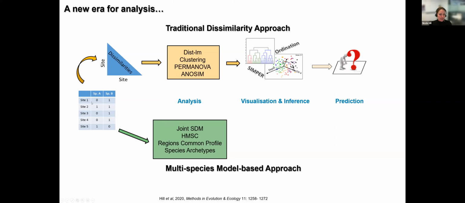So what this means is now, instead of turning things into a dissimilarity matrix, we're actually modeling the species at the sites directly. And we can get information directly from the model coefficients. So, which species is responding in which way to environmental conditions, and how are they likely to occur over the range of particular environmental gradients.